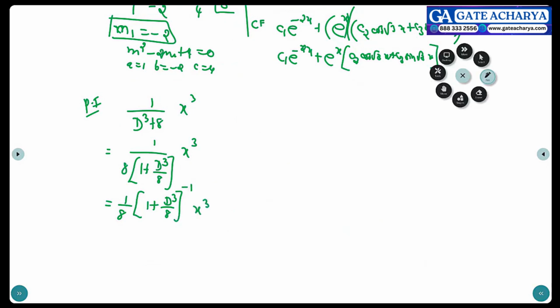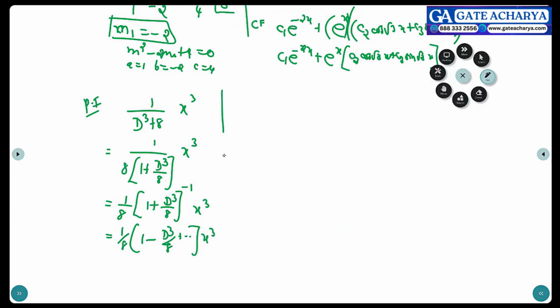When you take this whole term to the numerator, then it is power minus 1. Now it is our expansion: 1 by 8 into 1 minus x, here D cube by 8, plus x square, where D cube the whole square is D power 6, which is not necessary to expand on x cube.